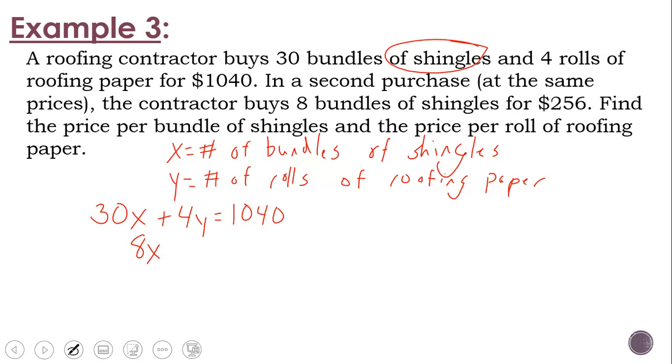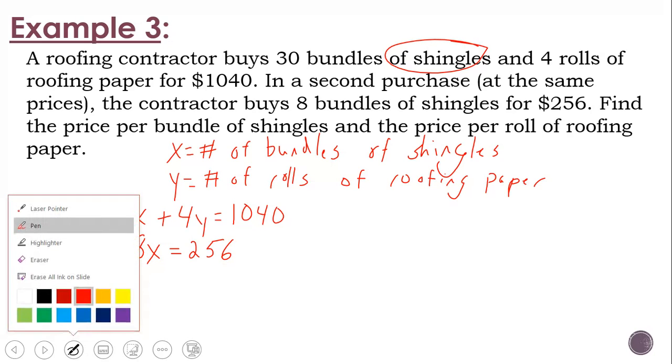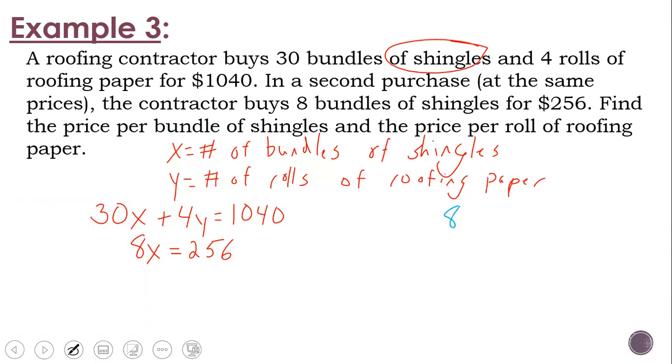So 8x is equal to 256. You can solve for x right away because we have one of them. 8x is equal to 256. Divide by 8, and you would get x is equal to 256 divided by 8, which is 32.